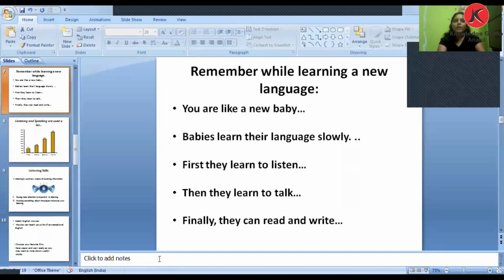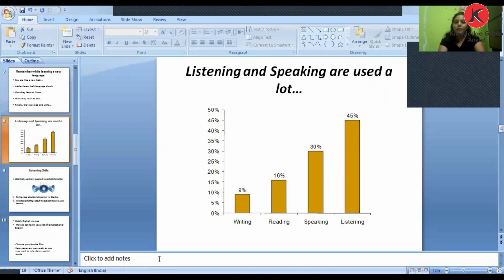Okay. So now look at this diagram. Here you can see that listening and speaking are used a lot, right? How will you use them? The first thing is that 45% of the time we have to listen, then 30% we have to speak, 16% we have to read, and 9% we have to write.